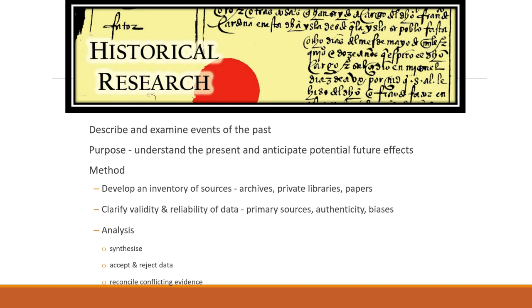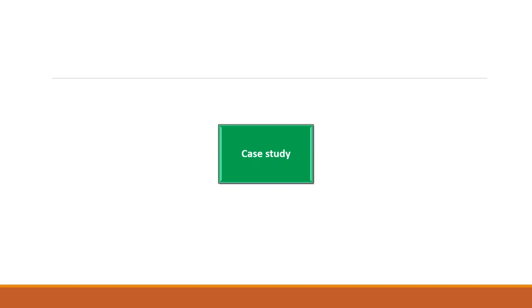Maybe as you go to the archives, you find something else. When you go to private libraries, or when you go to different archives in other countries, you're finding something else. So how do you work with all of that in your analysis so that you can be able to synthesize and say, these are the results that I've come up with, and this is the conclusion or conclusions that I've come up with based on my research?